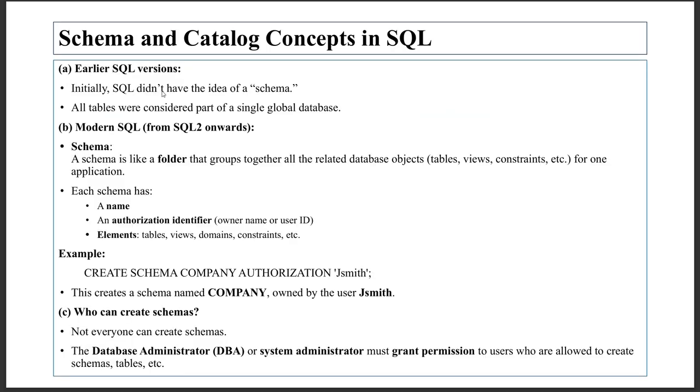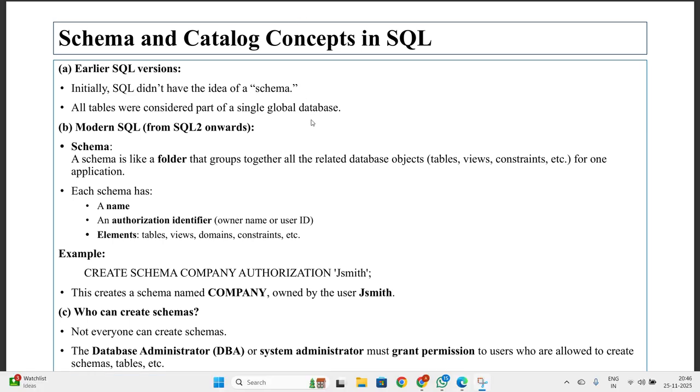Now earlier SQL versions. Before SQL 2, we didn't have the idea of a schema. So what is this schema? What do you mean by schema? The schema consists of the columns, that is the attributes which are associated with the related database. All tables were considered as part of a single global database.